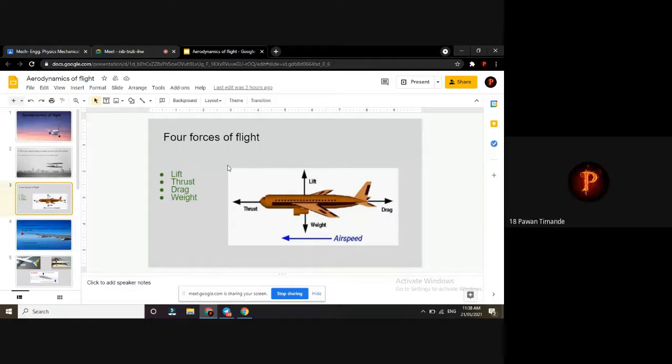Yes, you can ask. So my question is, what is the acute angle between the chord line of the wing and the direction of the relative wind? Chord line? No, I don't know much about it. Yes, it will have an acute angle.